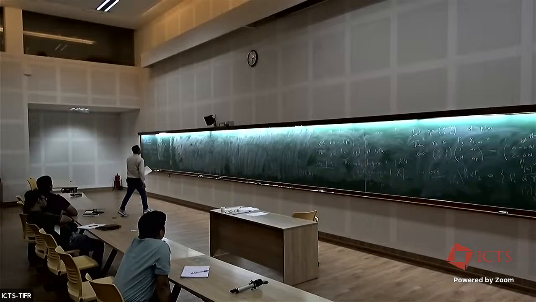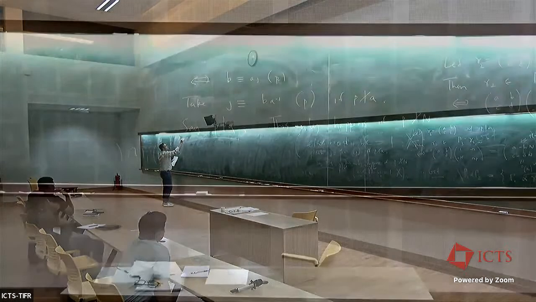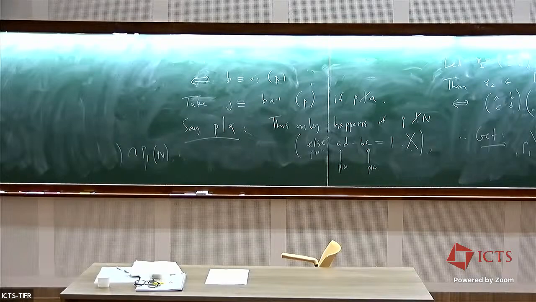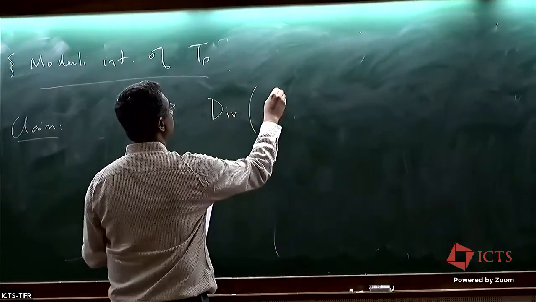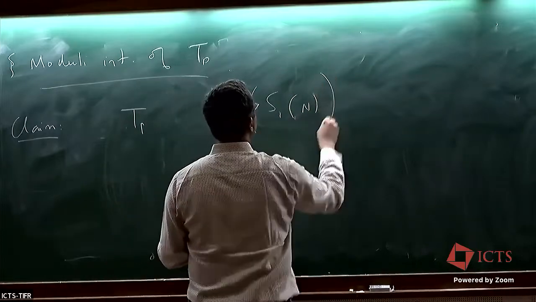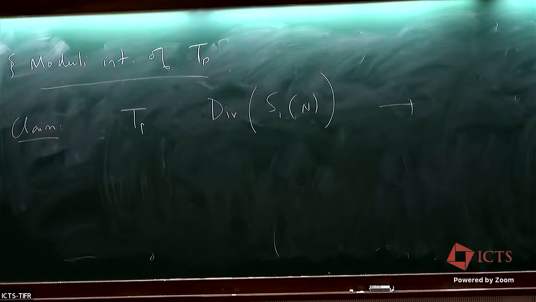So the claim is the moduli interpretation of T_p. Let's work with Gamma_1(N). I should have made this remark, which I forgot to make, that if you work with Gamma_0(N), that ugly matrix goes away. Do people see why?